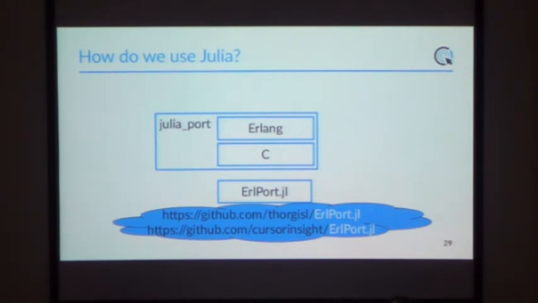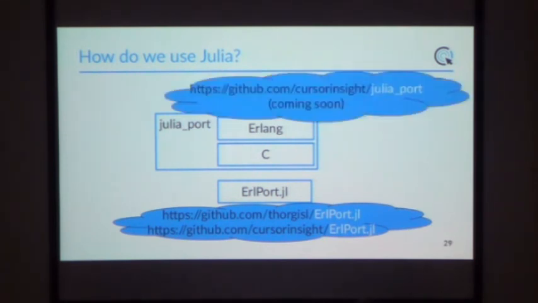So we didn't do the initial development, but in the last 1.5 years we were pushing all the improvements and contributions to it, so that it keeps up with Julia. And we also added a bunch of other features that we needed. You can find the original version at the first link, and you can find our improved version at the last link. Our improvements haven't been merged yet, so that's why I'm giving you both links.